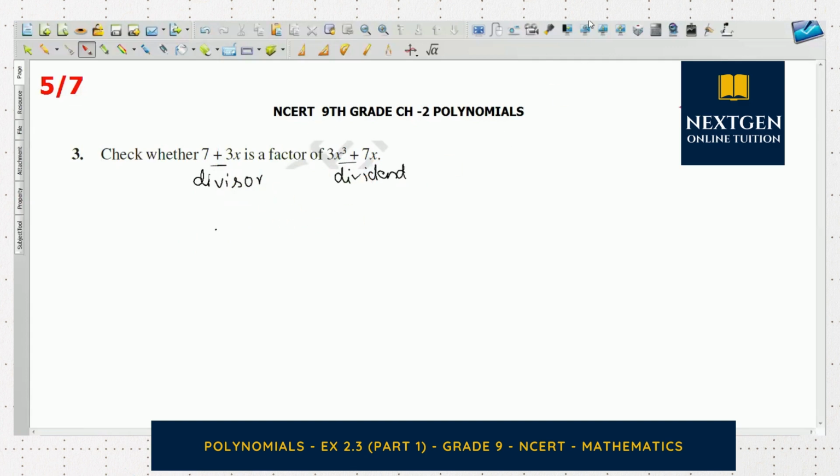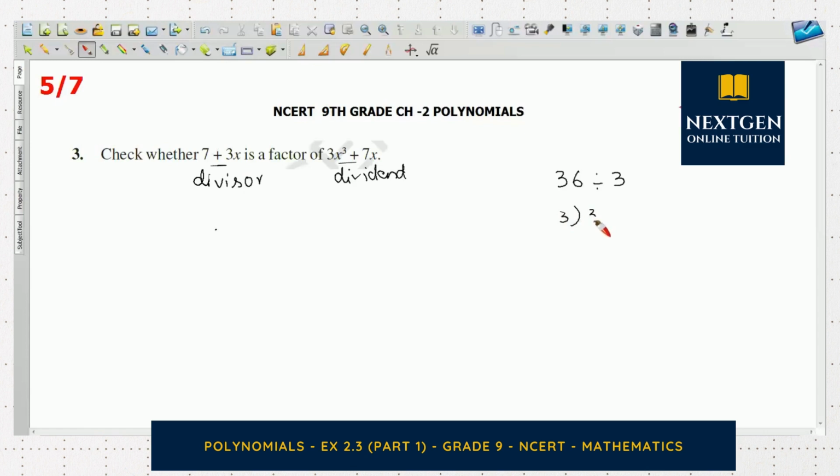Fine. So our question asked here is, we have to check whether it is a factor. So when a number is going to be a factor of another number, it should divide that number without any remainder. Okay. For instance, 36 divided by 3.